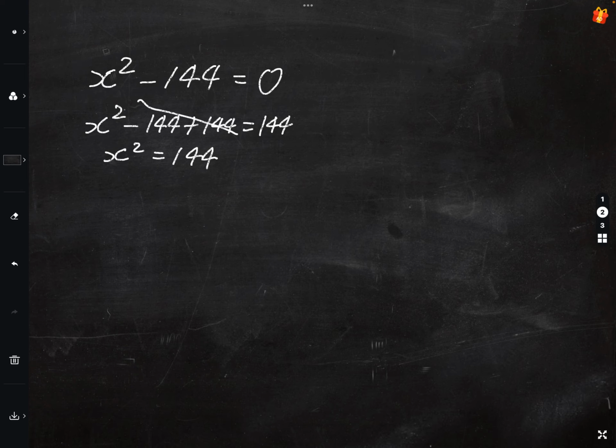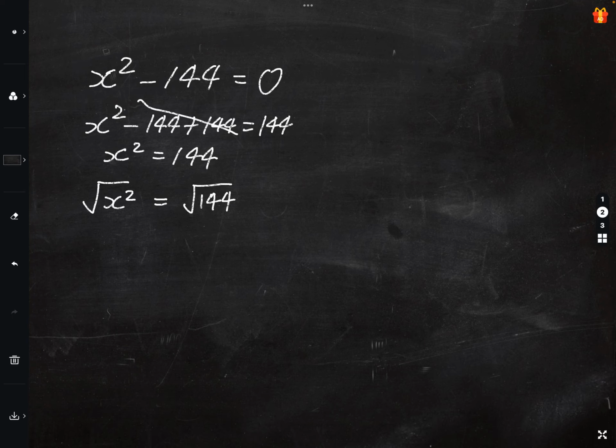Next, what we can do here is the exact same thing as we just did. We square root both sides, but remember though, the right hand side can be positive, but it can also be negative as well.